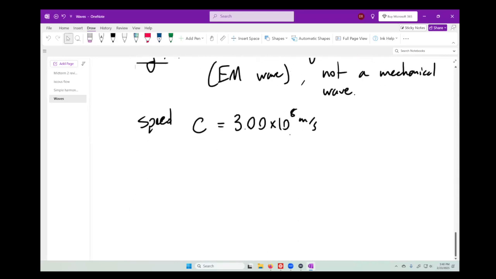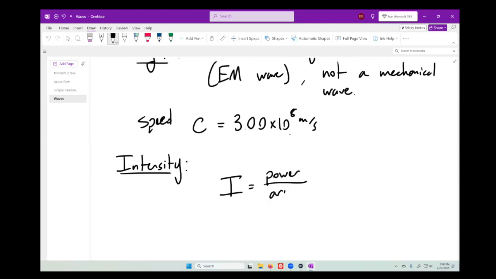Right. So from here, we went on to talk about intensity. Intensity is a way of quantifying the energy carried by a wave. So it's the power per unit area. I'll use a fancy A for the area so we don't get it confused with amplitude.